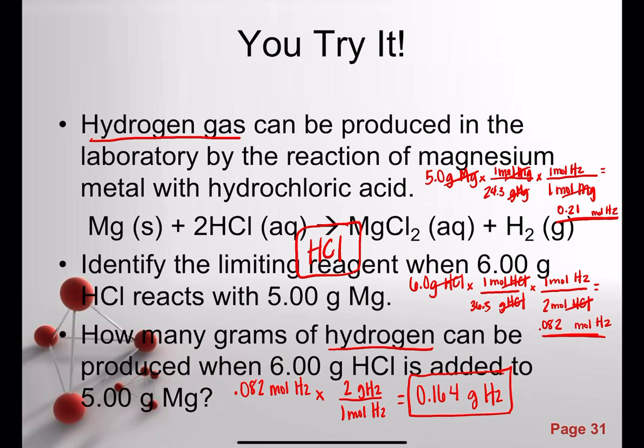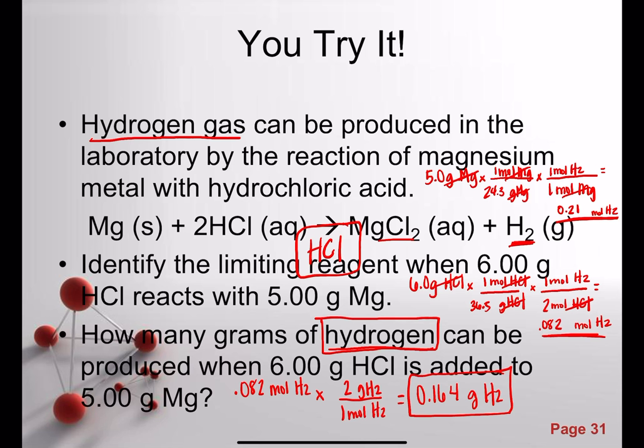In this next one, we are looking for hydrogen gas. So these again both have two products. So hydrogen gas, it tells us, can be produced in the laboratory. And then down here it goes on to say how many grams of hydrogen. So we know we're looking for hydrogen gas. So I was a little cramped for space here.